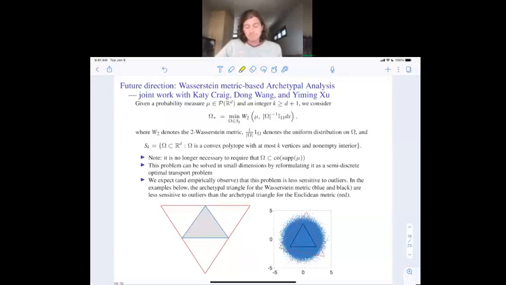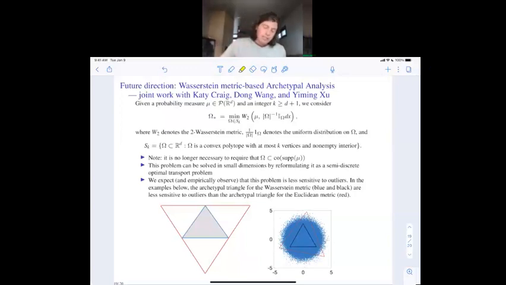The interesting thing is that it's no longer necessary to require that the polytope be in the convex hull of the support of mu. That's taken care of by the Wasserstein distance. This problem can be solved, at least in small dimensions, by reformulating it as a semi-discrete optimal transport problem, and we have some initial results.